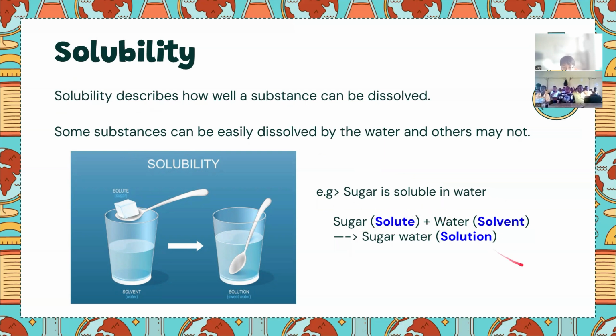And in this case, it forms a complete solution. Sugar is the solute. Water is the solvent. And after they are mixed together, the whole solution is the sugar water.